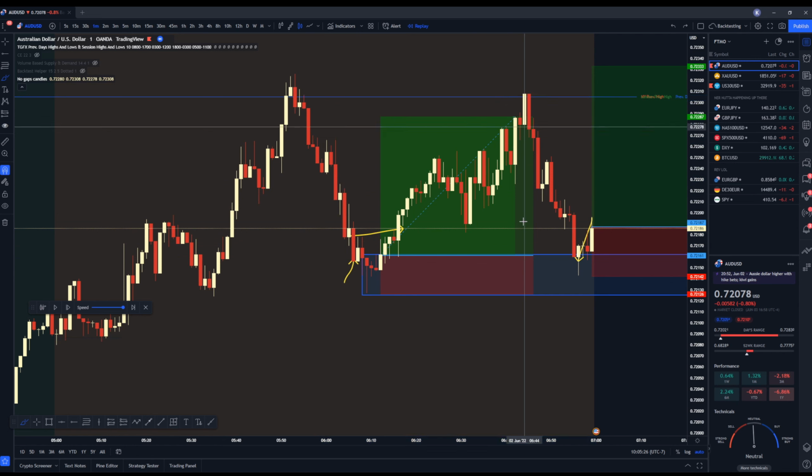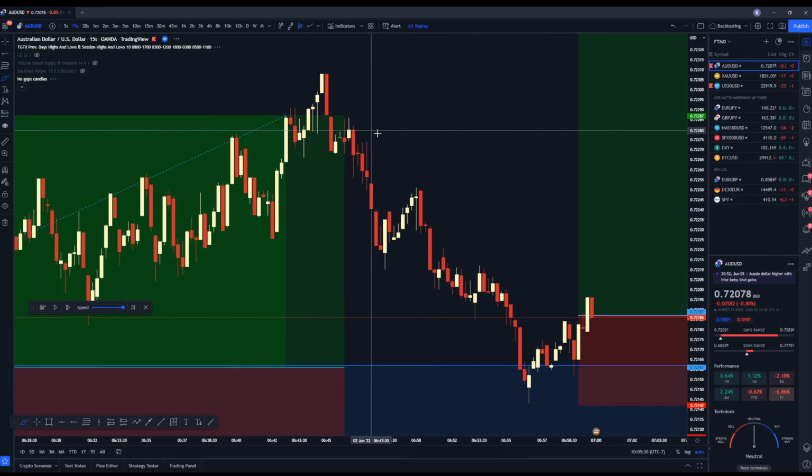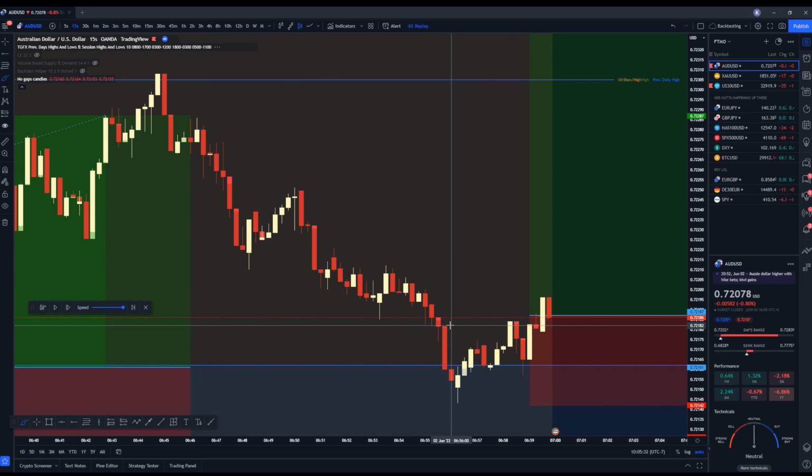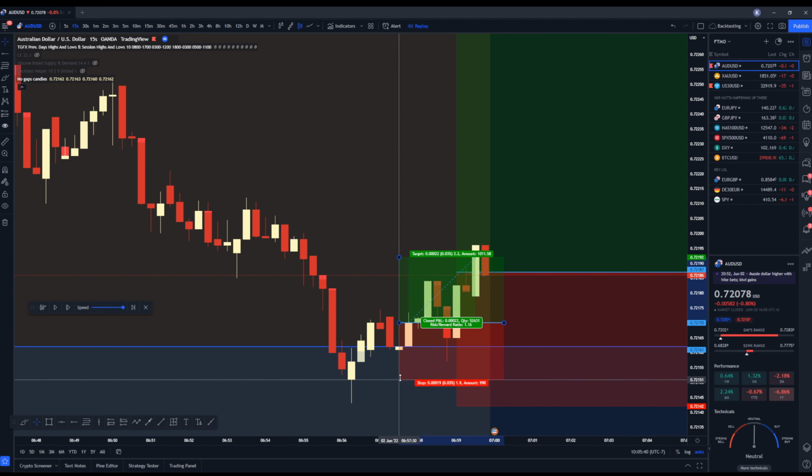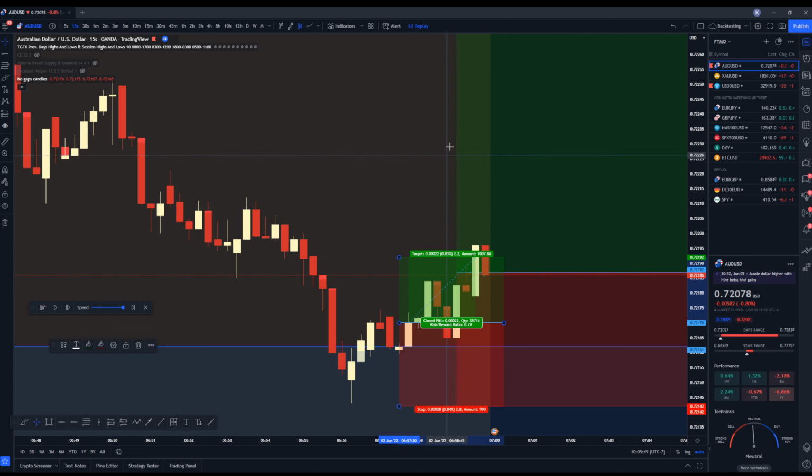Now if we drop down to that 15-second time frame again, it's not as cut and dry, but we do have an engulfing here, and so we could enter. If we entered under here, we'd get taken out. If we entered under the swing point, like I've been saying, then we don't get taken out, and then we take off.